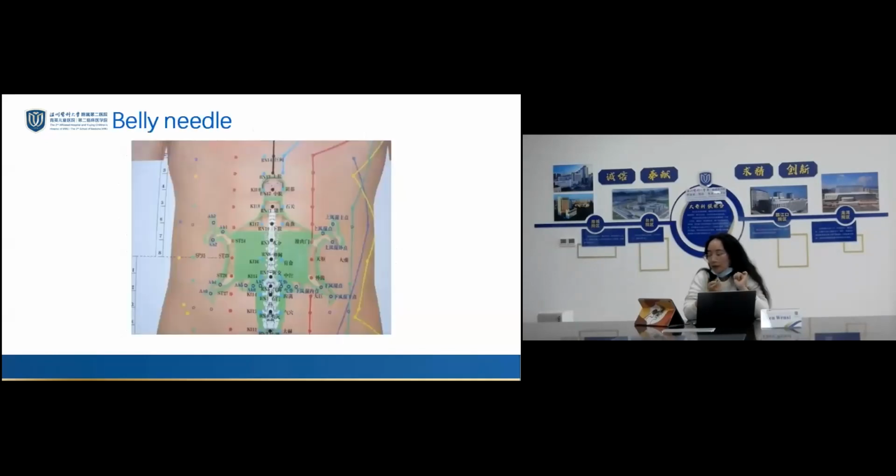We also have different kinds of theory about acupuncture. We say the umbilicus, Shenque point, is forbidden to needle. But there's a very special theory we call the belly needle.